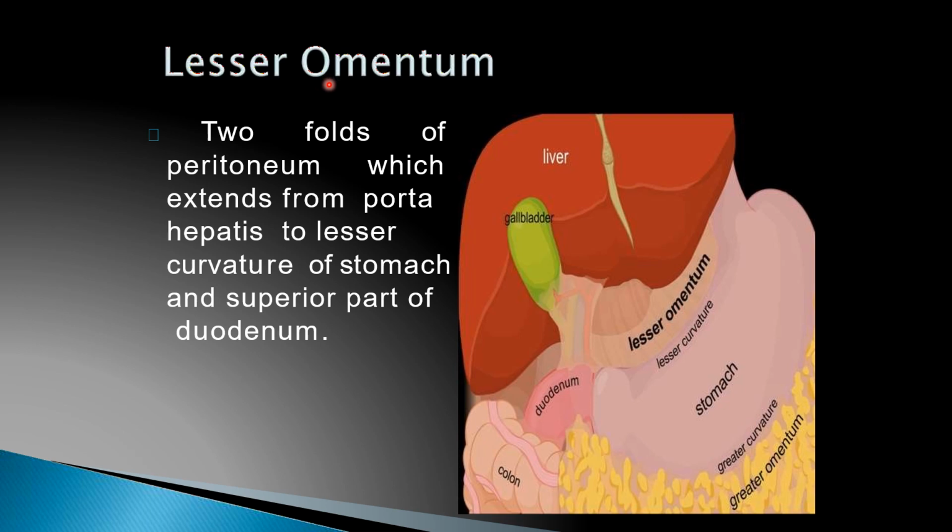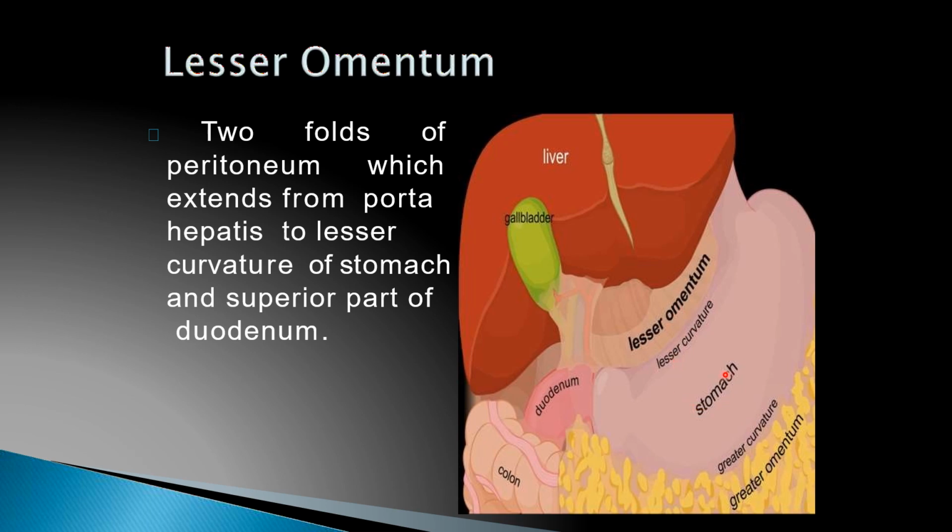Next about the lesser omentum, another ligament of the liver. This is the two-fold of peritoneum which extends from the porta hepatis to the lesser curvature of the stomach and the superior part of the duodenum. This area can be called the porta hepatis, about which we will see in this video. So this fold of peritoneum starts from the porta hepatis and is attached to the lesser curvature of the stomach.